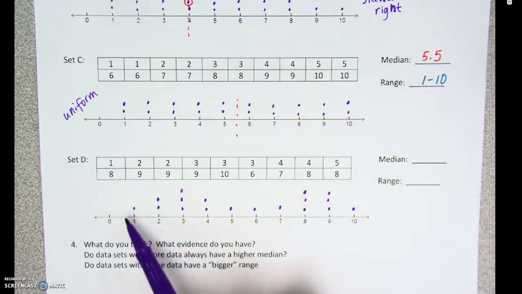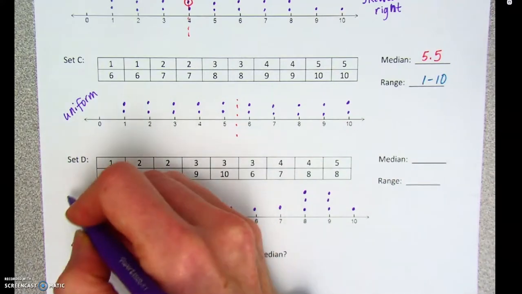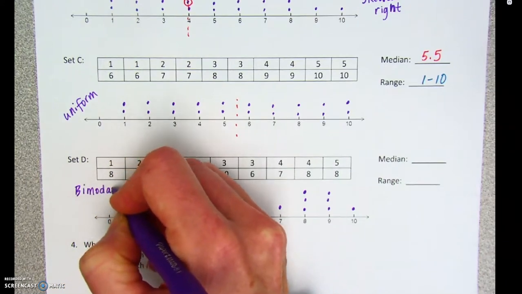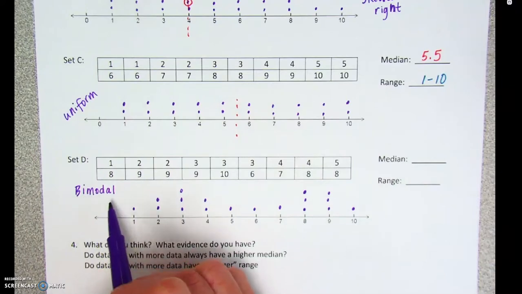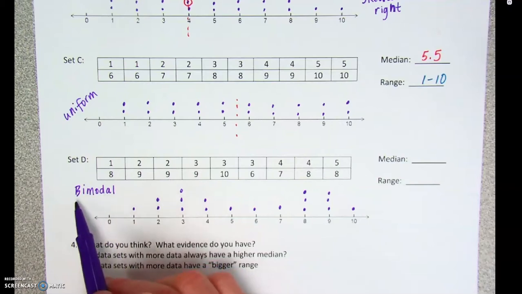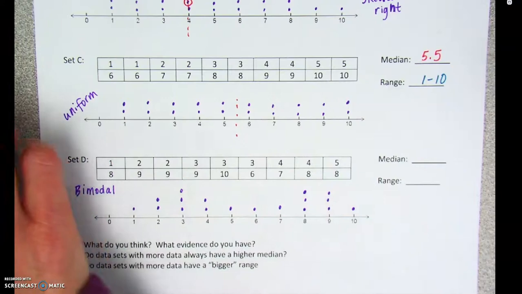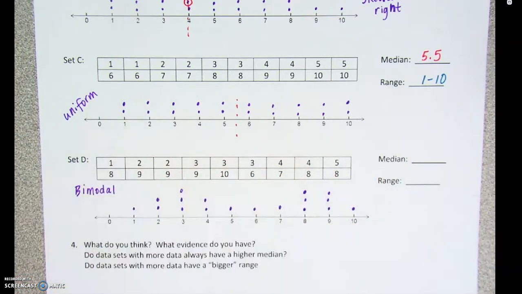This data set has two sort of humps to it. We call this one bimodal. Bi for 2, and mode kind of like when you're looking for the mode of the data set where there are the most values. So 2 places where there are clumps of values. 2, 4, 6, 8, 10, 12, 14, 16, 18 this time.